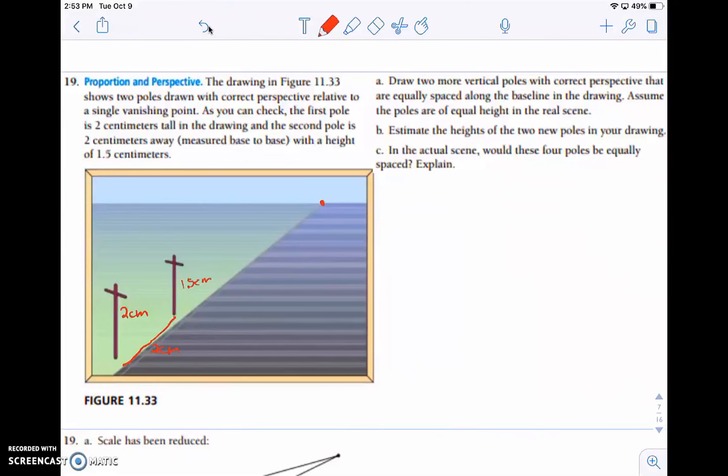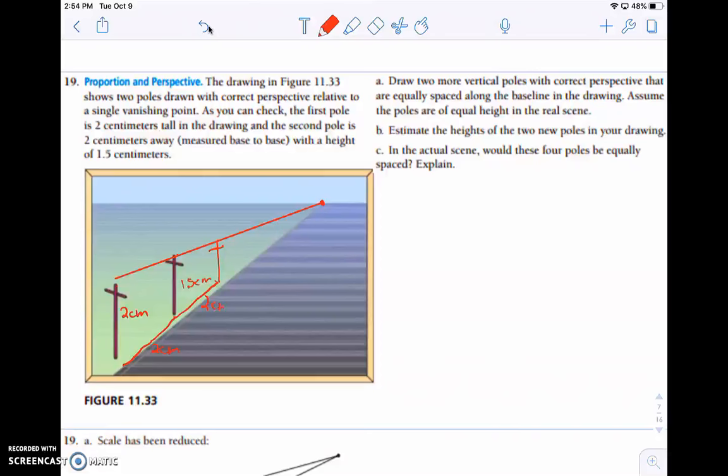If you were doing this with this picture, you would have a line. I'm going to try to get this best without a ruler here. I'll get my perspectives a bit off, but essentially you'd have a line that goes from the peak to that point, and then you'd come out another 2 centimeters and draw your post.